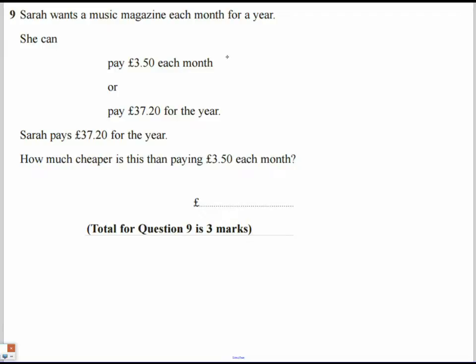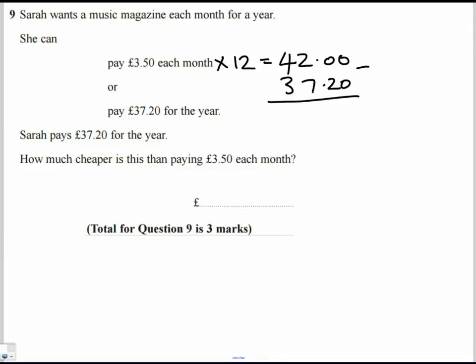Nice and straightforward. £3.50 each month, multiplied by the 12 months, doing this on our calculator, would cost her £42. So if we take off the £37.20 that she actually paid, on our calculator, it's £4.80 cheaper. So it's £4.80 cheaper buying it for the year.